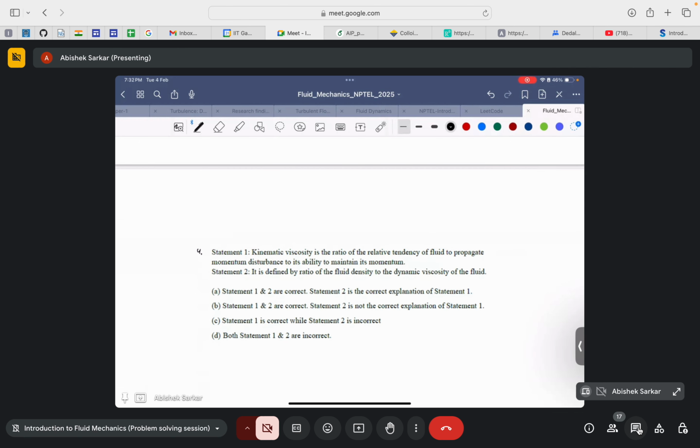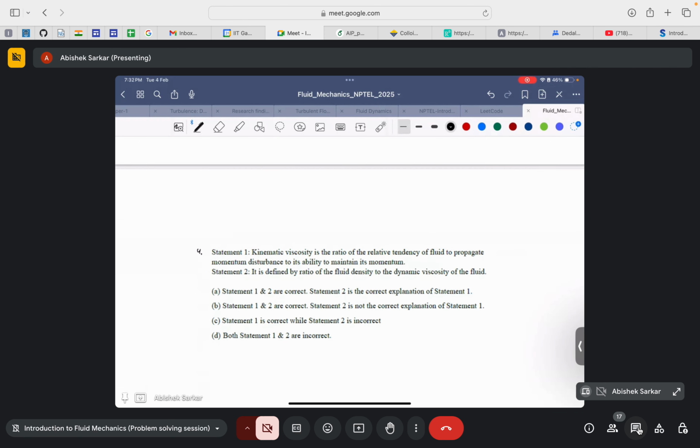Okay, so if you look into it, the kinematic viscosity is defined as the dynamic viscosity, or just viscosity in general, because in most cases dynamic viscosity is in fact defined as viscosity, but here they have properly mentioned dynamic viscosity. If they're only saying viscosity in the textbooks, it means the dynamic viscosity.